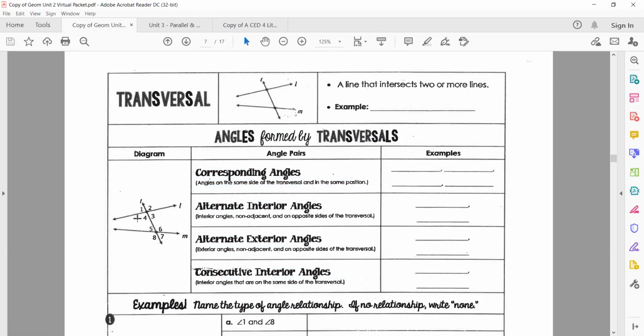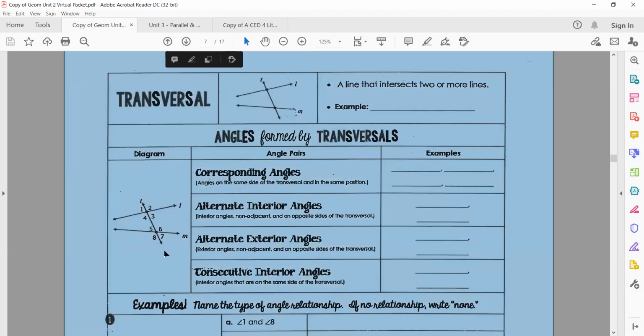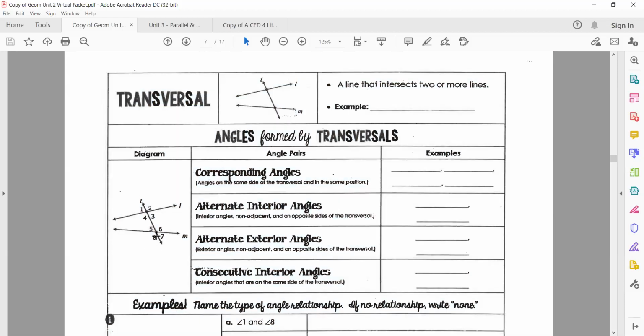Four and 8. Angles 4 and 8 are corresponding angles. Left side of the transversal below those respective lines. So it's the relative positioning that's important to help you identify these corresponding angles.